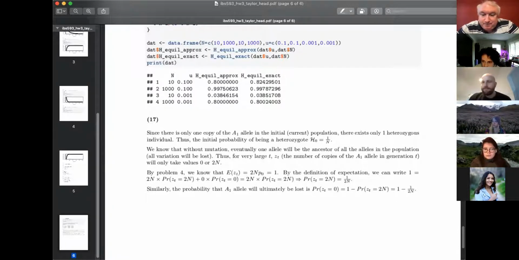Other questions? So we will apply this formula maybe a little bit in the next homework to talk about rates of evolution, and maybe the homework after that too a little bit. I can't remember.